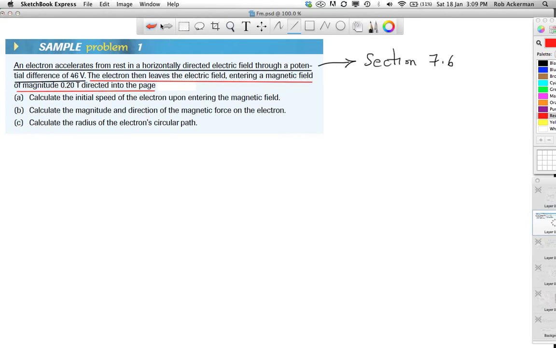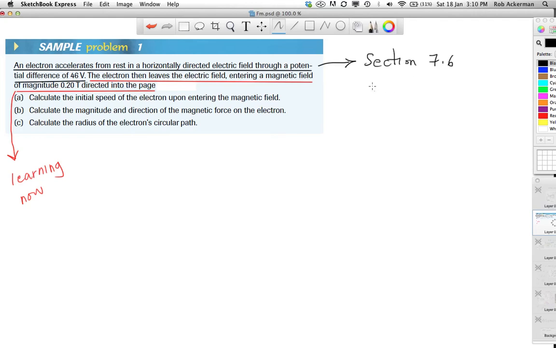Okay, so this is what we are learning now, but before we can do this, we have to do this calculation for the speed of the particle first. So if you forgot this, please go back and refresh your memory. Look back in your notes or look in this section.